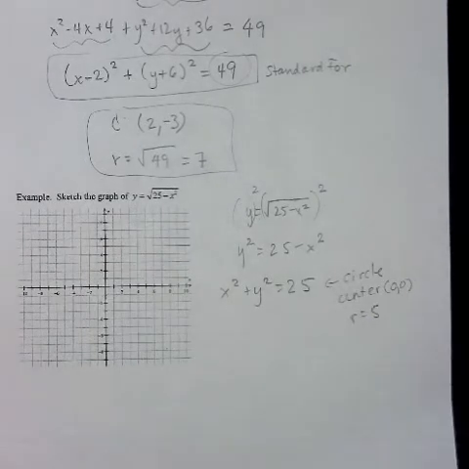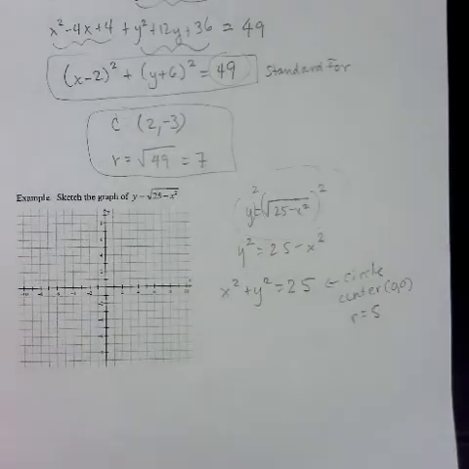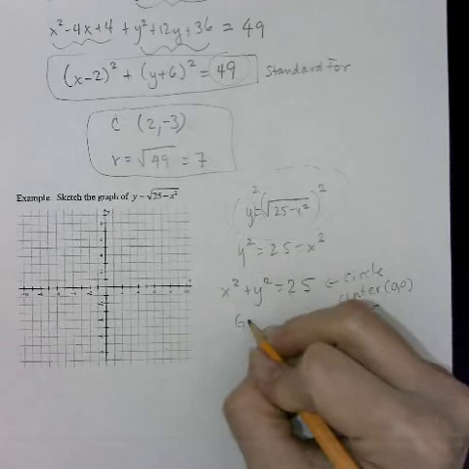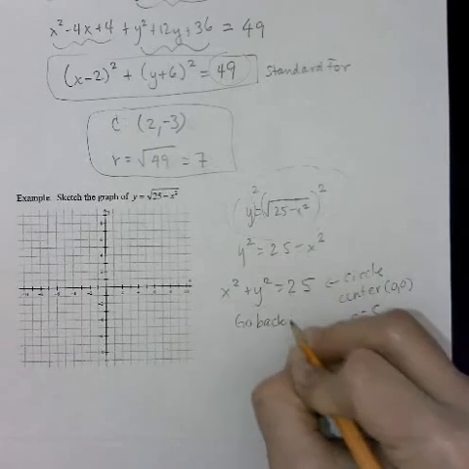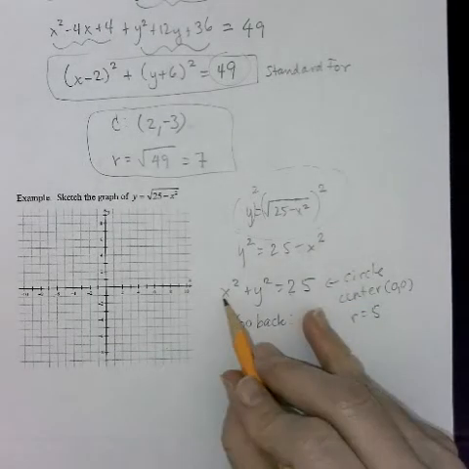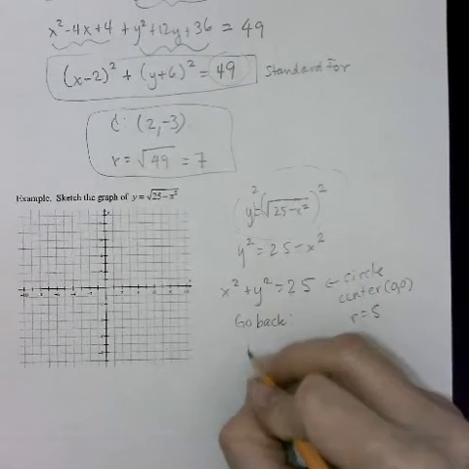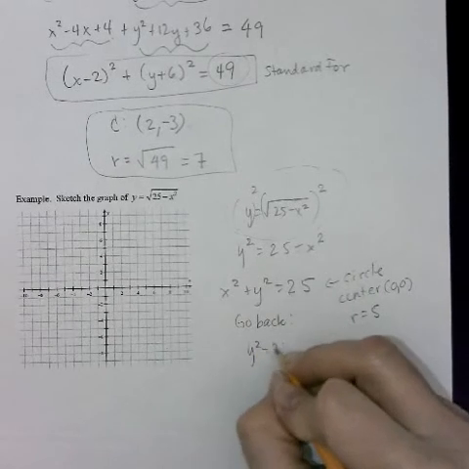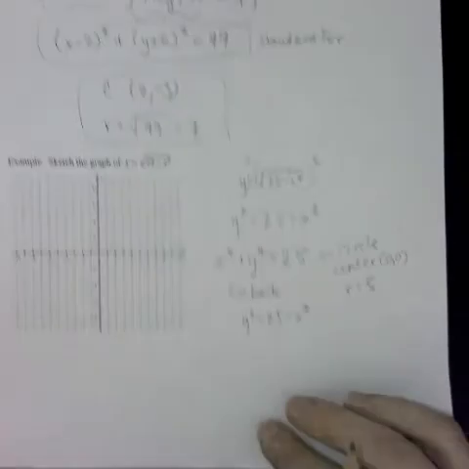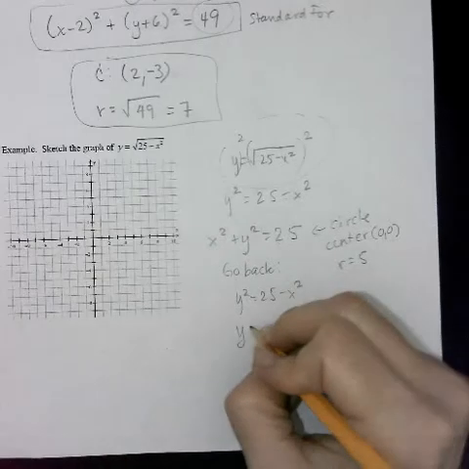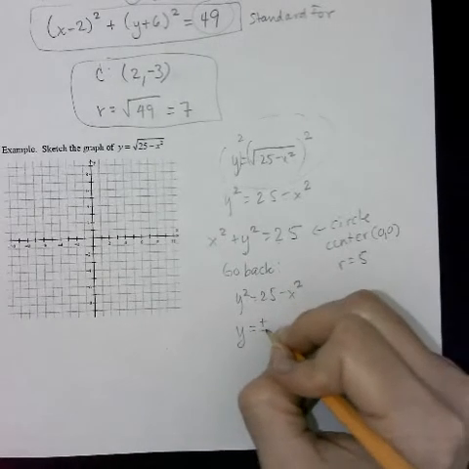But this is actually not the full circle. If we go backwards, okay, so this seems weird. Why are we going in circles, right? Go back. Solving for y squared is 25 minus x squared. When we take the square root of both sides, we actually get plus or minus the square root of 25 minus x squared.